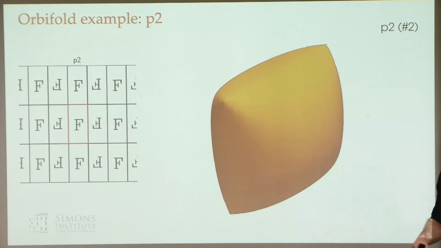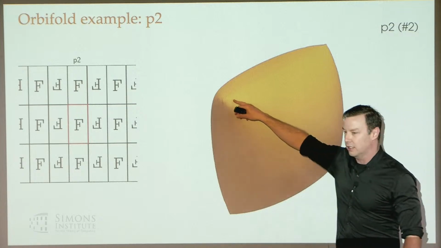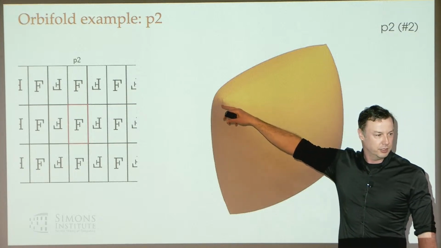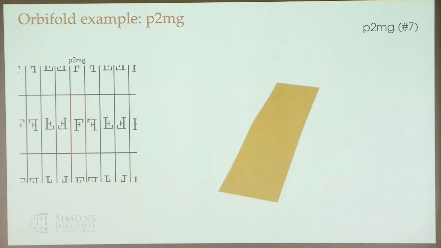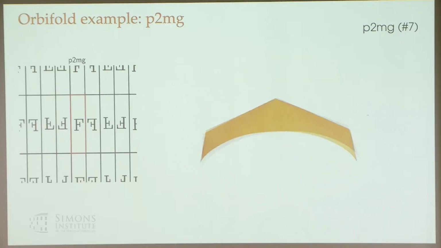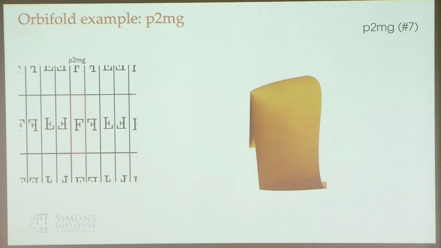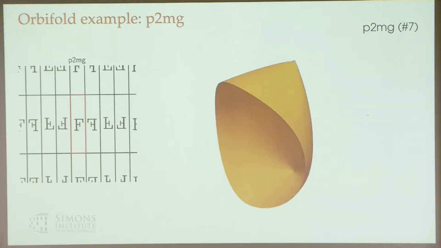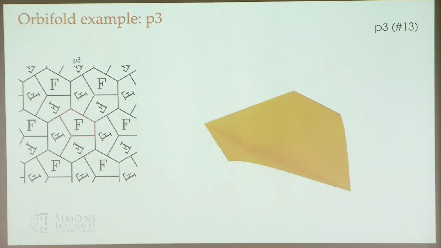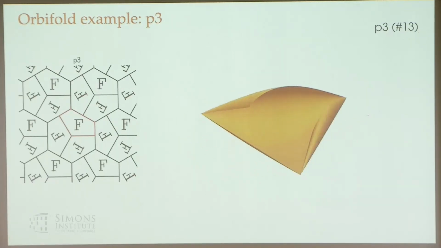That's also why it has some finite number of cusps associated with it, because these are the rotation centers and things like that. So that's one for P2. This one winds up looking like a little canoe or something. That is P2 and G. And then P3 is a little bit more complicated.